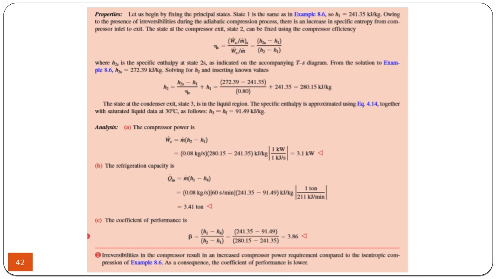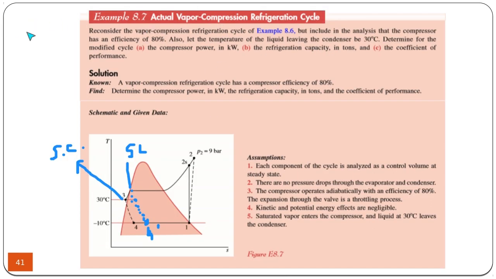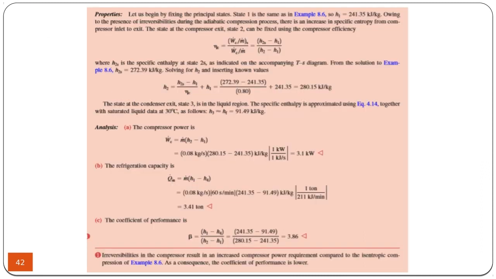The compressor's isentropic efficiency is defined as the isentropic compressor work divided by the actual compressor work. The compressor efficiency is given to you as 80%. By using this 80%, you can find the actual exit enthalpy of the compressor to be 280.